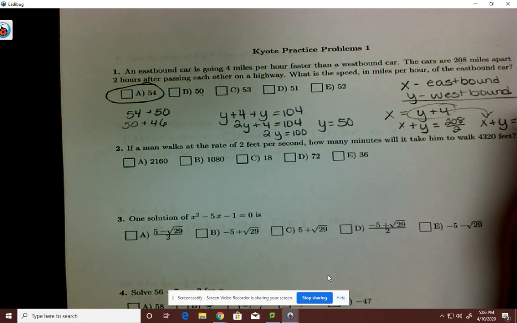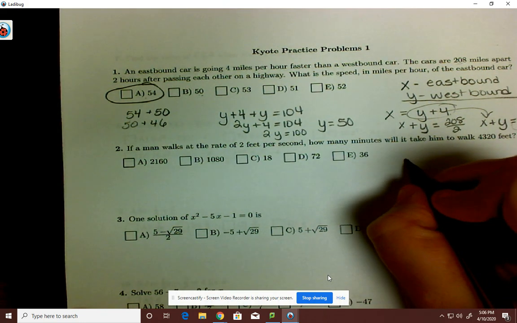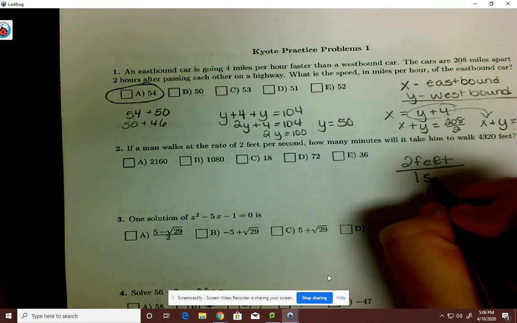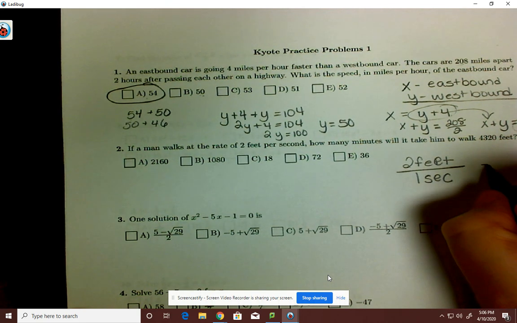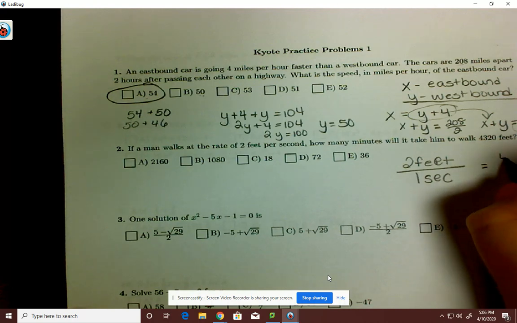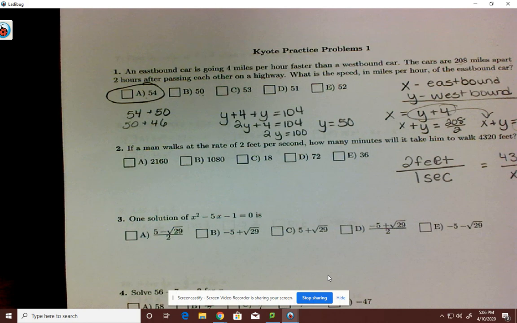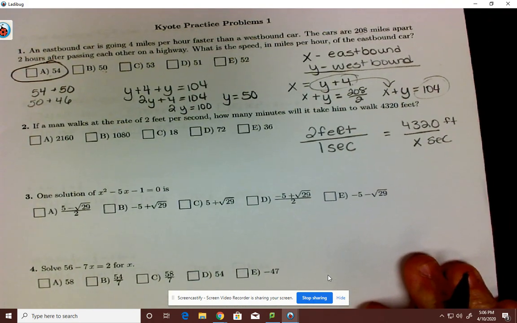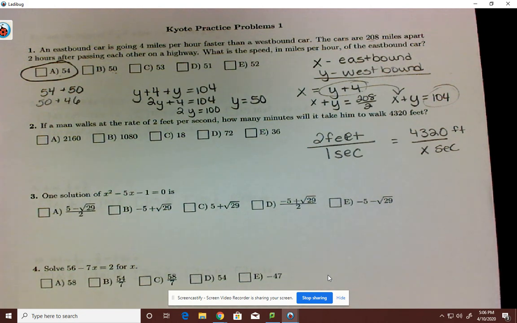Alright, so then number 2, if a man walks at a rate of 2 feet per second, how many minutes will it take him to walk 4,320 feet? So he's going 2 feet in 1 second. So first let's figure out how many seconds it takes to get 4,320 feet. This is feet and this is seconds. So this is kind of like dimensional analysis like you did in your science class.